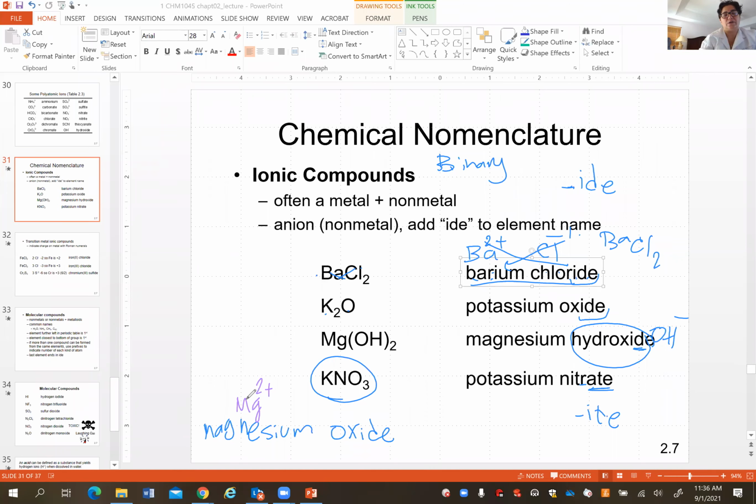After we learned the basics of how they come up with the 2 plus charge for magnesium or 3 plus charge for aluminum, now you locate magnesium in the periodic table and right away you can say what the charge is. For any element in group 2A, the charge would be 2 plus. Any element in group 1A, the charge would be 1 plus.